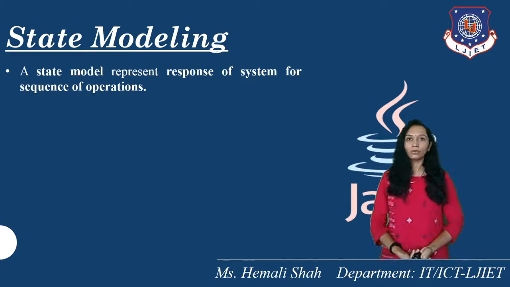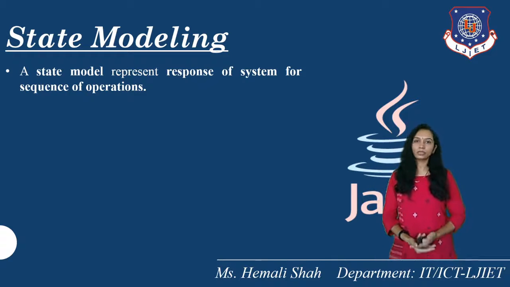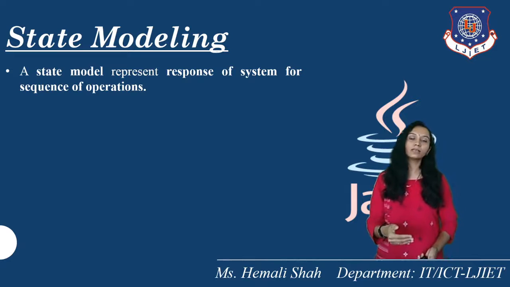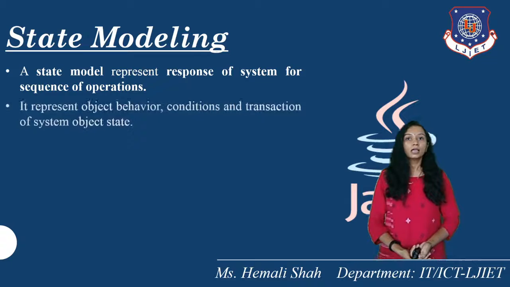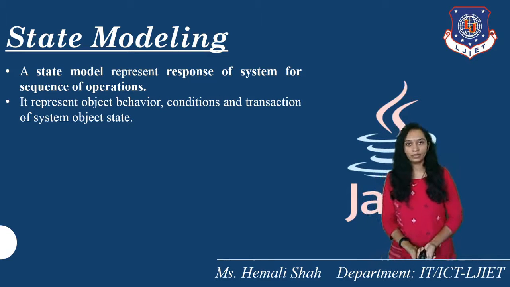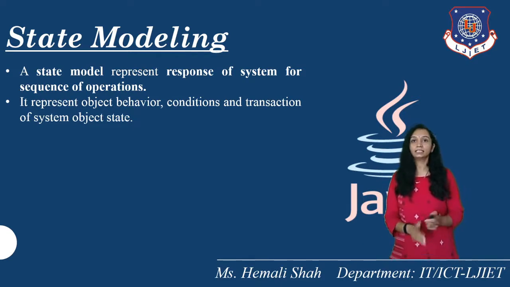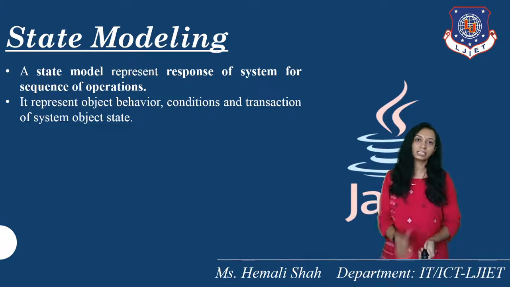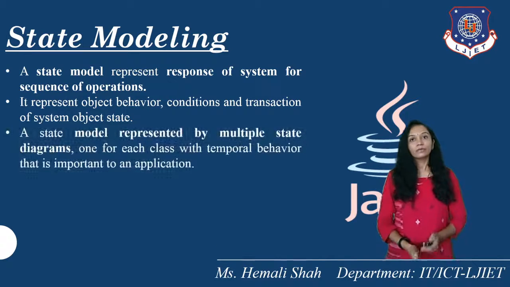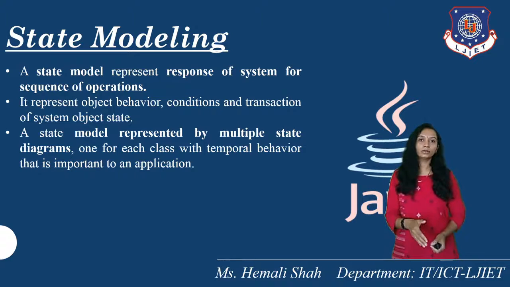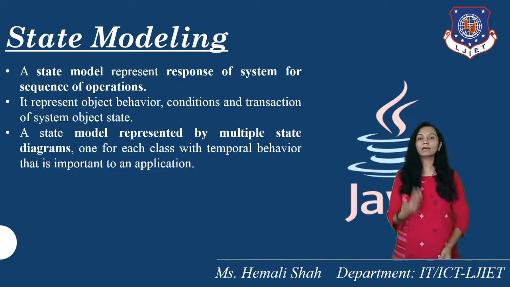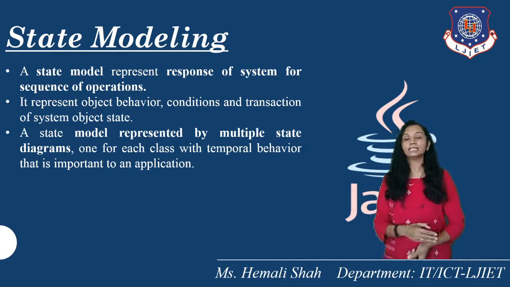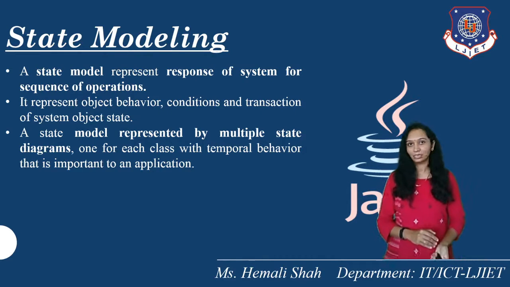So the state model actually represents the response of the system for a sequence of operations that you perform on a class object. It represents the object's behavior, its condition, and the transition of the system object states. Now, whenever you design a state model, it is represented by multiple state diagrams. How many state diagrams will you create for a single system?